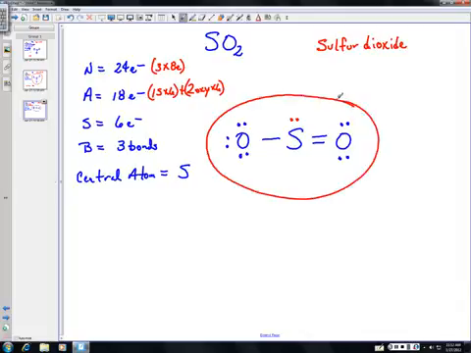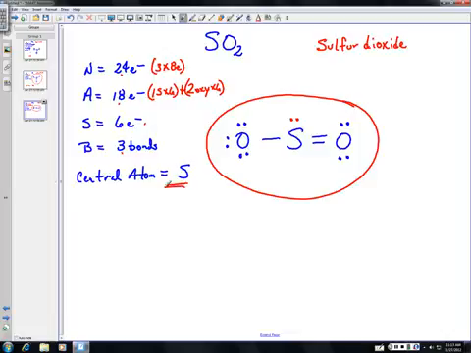All right. When you did your NASB method again, you did what? No hydrogen, so 3 atoms times 8 is 24. Sulfur has 6 valence electrons. The 2 oxygens each have 6, so that's 18 available. 24 minus 18 is 6. 6 divided by 2 was 3 bonds. Pick sulfur as your central atom.